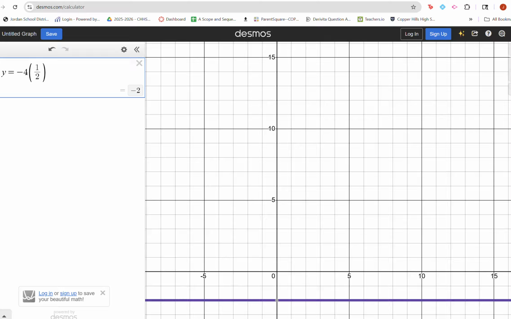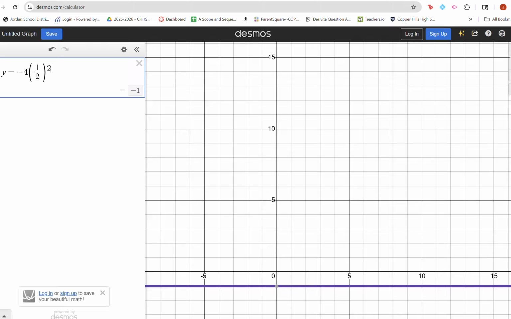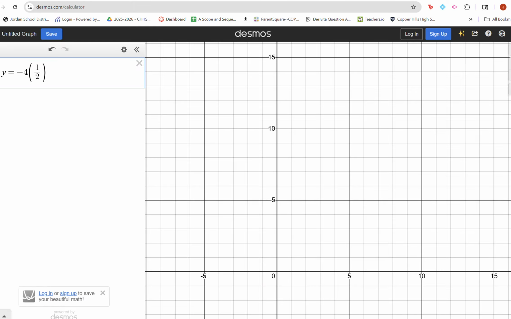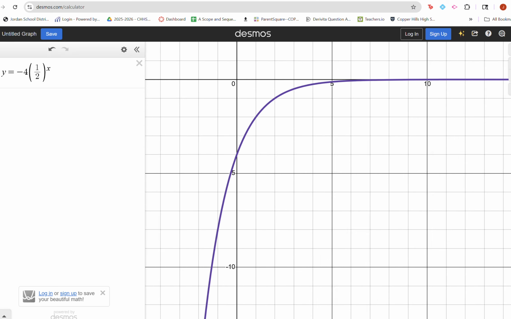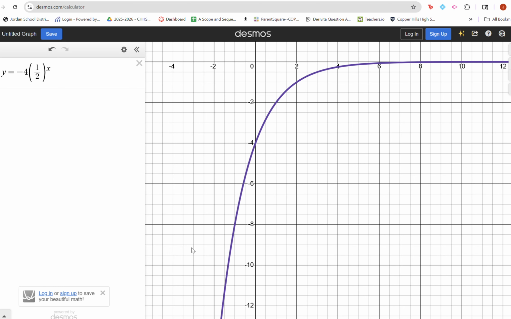And then again, shift 6. That's raised to the power x. There we go. And, hey, is that what that looks like? Notice that here, I'll just move that back a little bit. If I can get it right there.